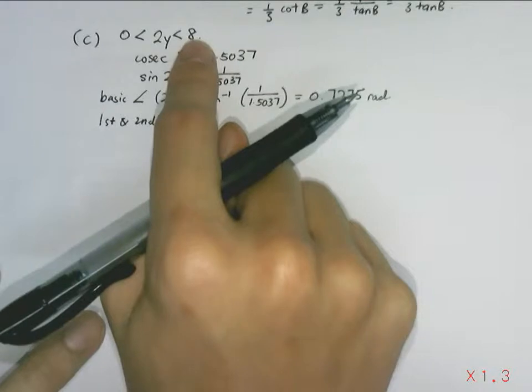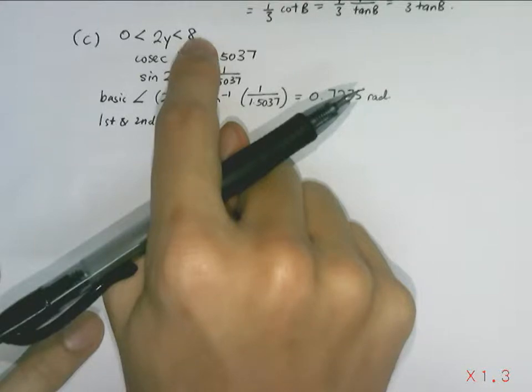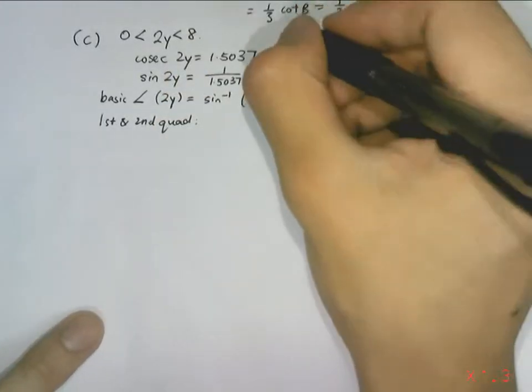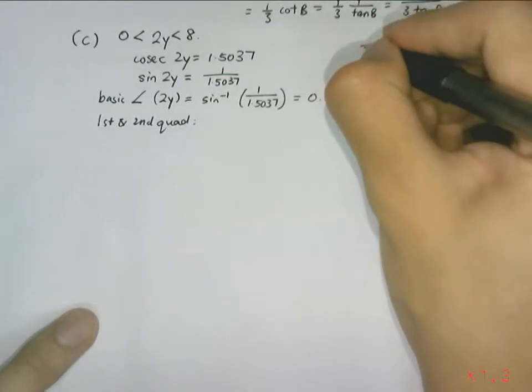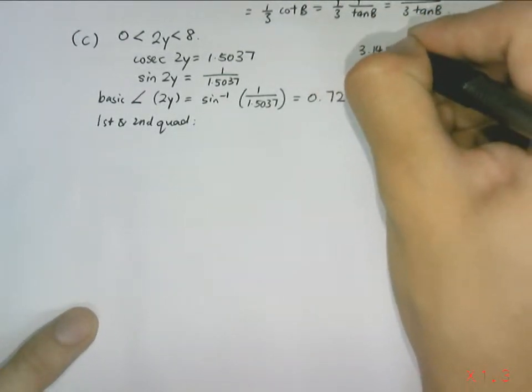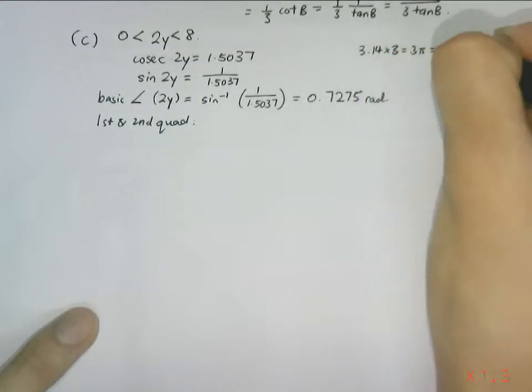It's good to note that 8 is around 3 pi, because if taking the pi value as 3.14, 3 pi would be around 9.42.